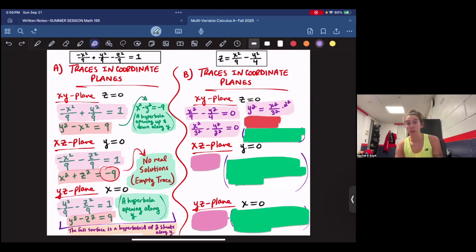Then let's multiply both sides by 2 squared. So we get y squared equals 2 squared x squared over 3 squared, so that when we take the square root of both sides, we get y is equal to plus or minus 2x over 3. And so we have a pair of intersecting lines through our origin, 0, 0.